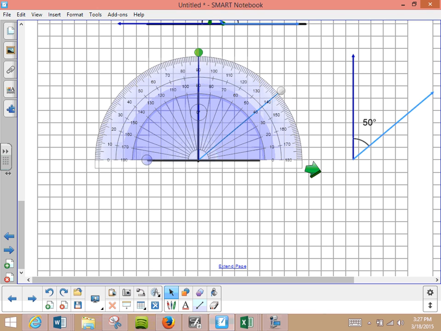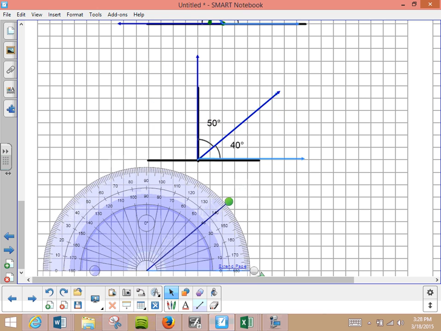How many degrees is that? And 40, right? This should perfectly fit in here, which it does. And that should perfectly fit in here, which it does. I can move it away.